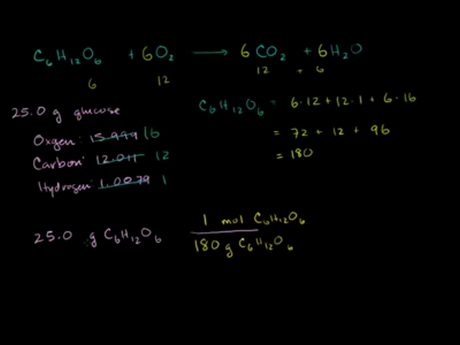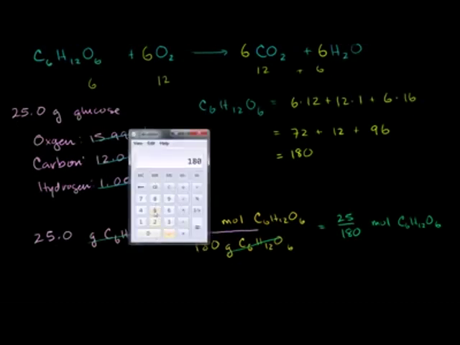These units cancel out with those units, and so we just take 25 times 1 divided by 180. So this is equal to 25 over 180, and all we're left with in units is moles of C6H12O6, or glucose.